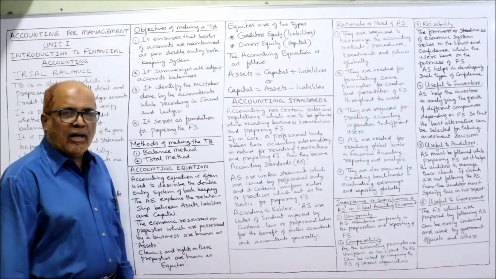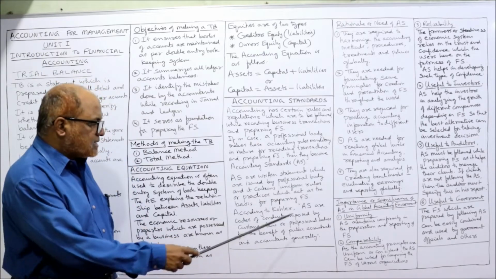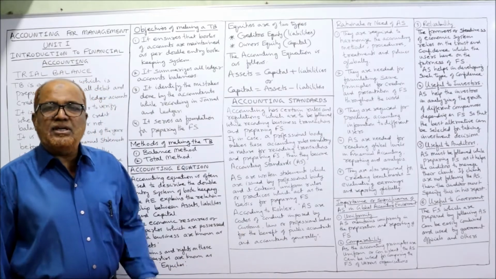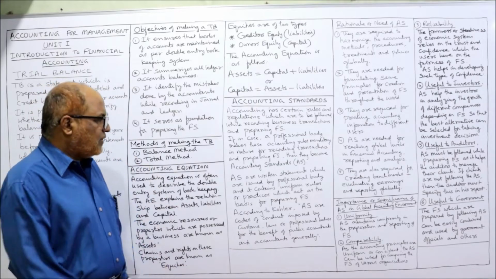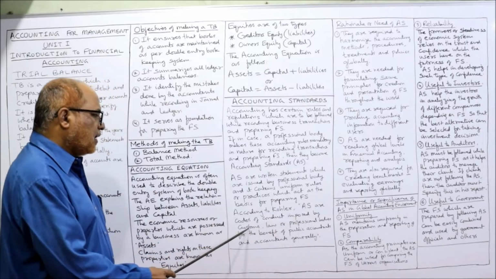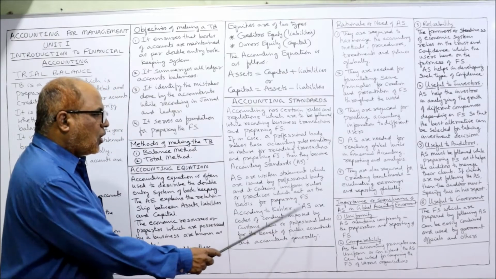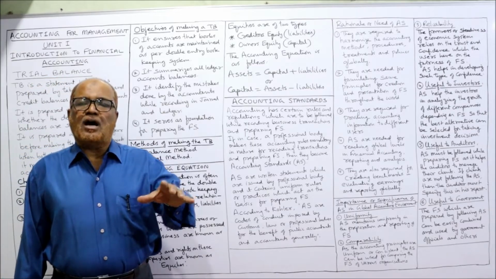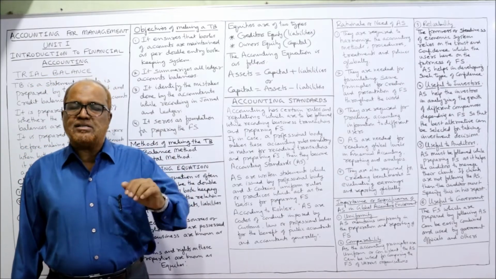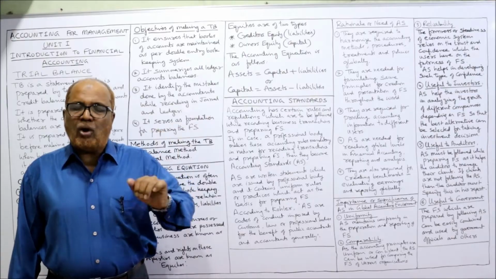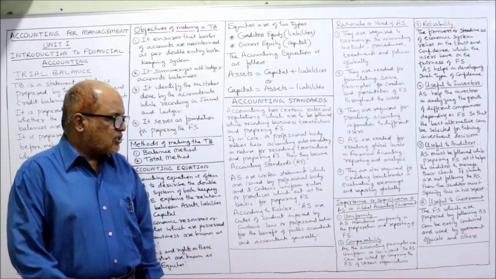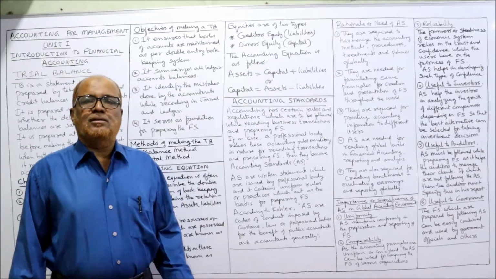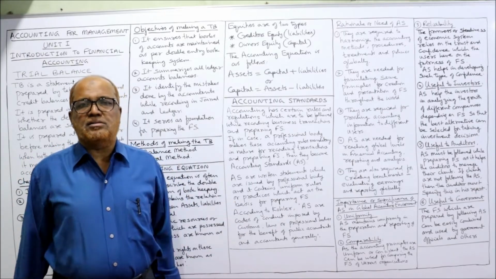And according to Kohler, one of the authors, accounting standards are the codes of conduct. These are the codes of conduct which must be imposed by customs, law or professional bodies, for the benefit of public accountants and general accountants.